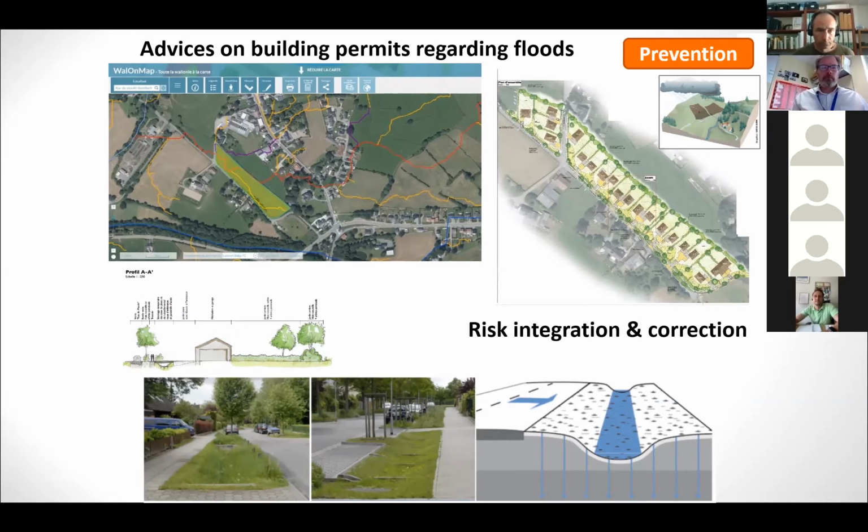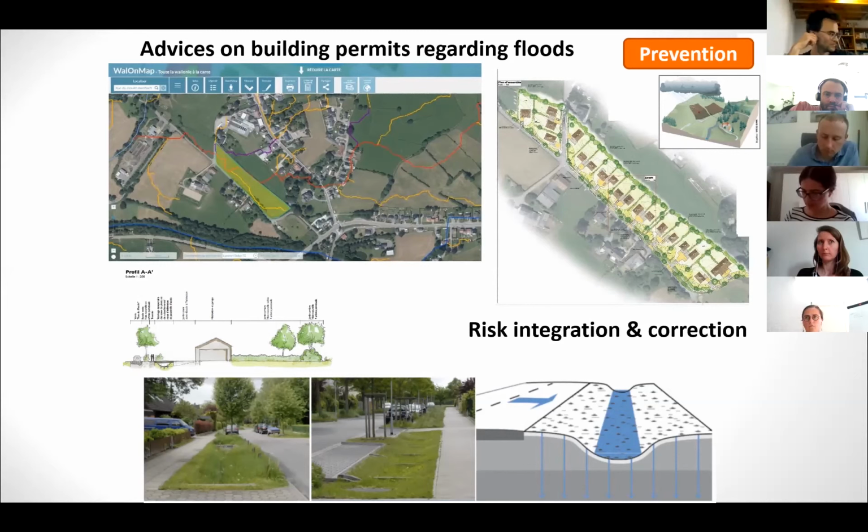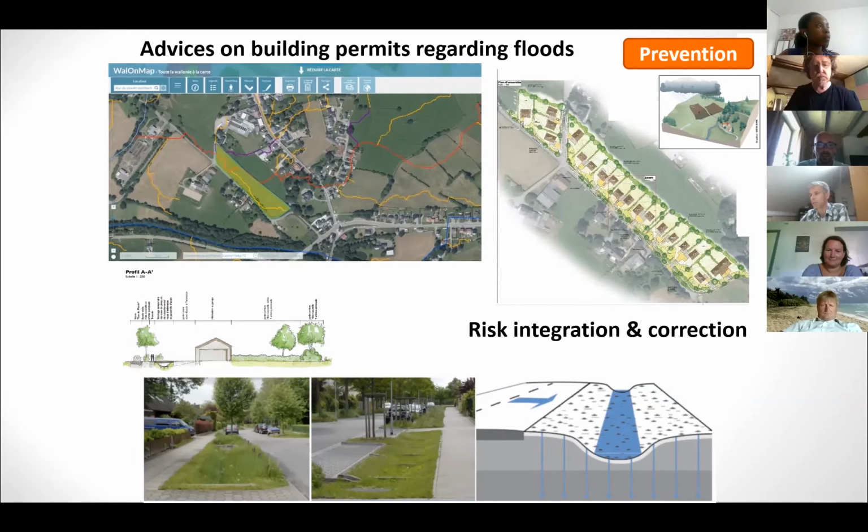So we try to zoom in more and more, and we try to give advice to integrate the risk, and you see a pathway with areas, to try to keep the water in these areas. Yes, next please.